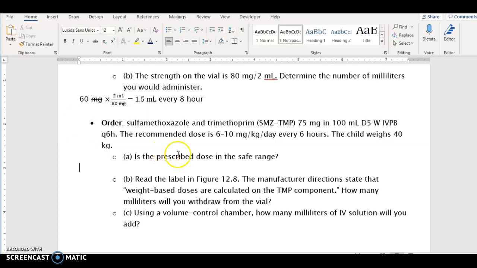And it says the recommended dose is 6 to 10 milligrams per kilogram per day, every 6 hours. It says that the child weighs 40 kilograms. So the first question is asking, is the prescribed dose safe?